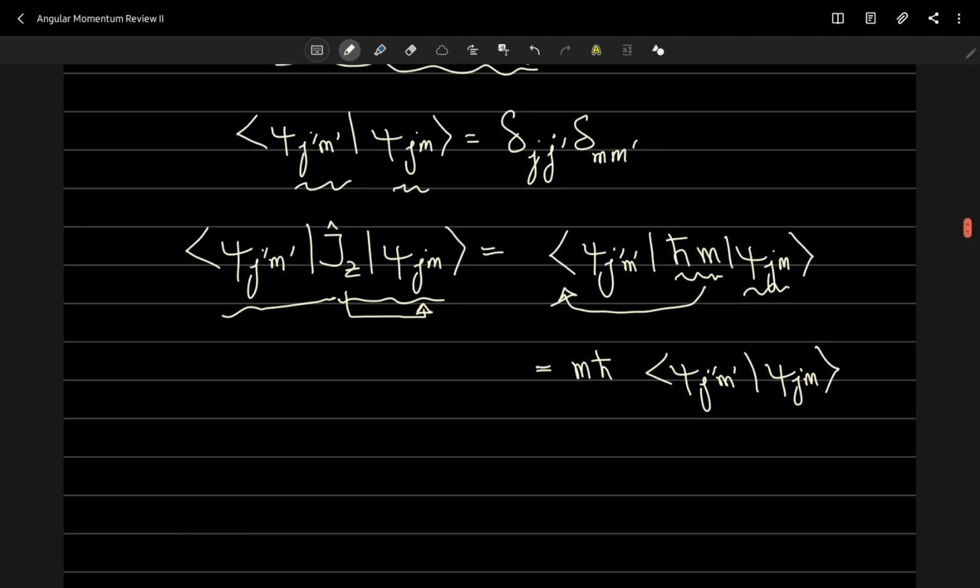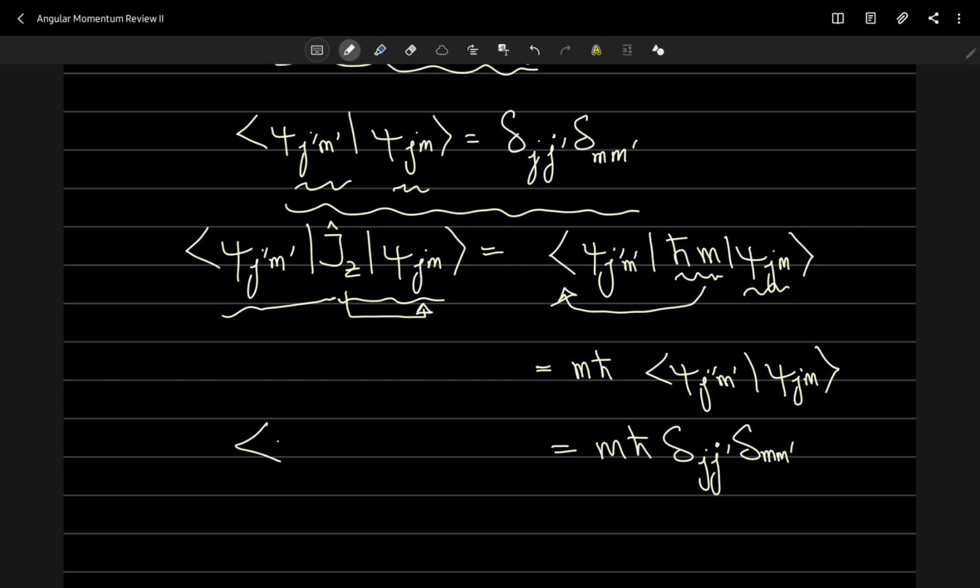From the orthonormality relation, this thing is equal to m h bar and delta j j prime and delta m m prime. So what is this thing? This is psi j prime m prime and Jz on psi jm.